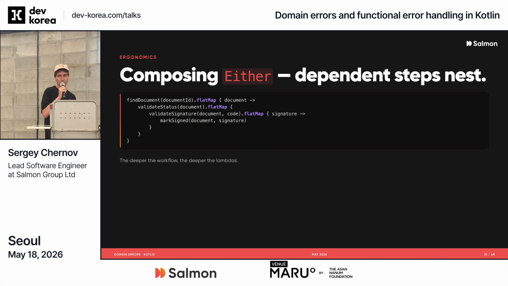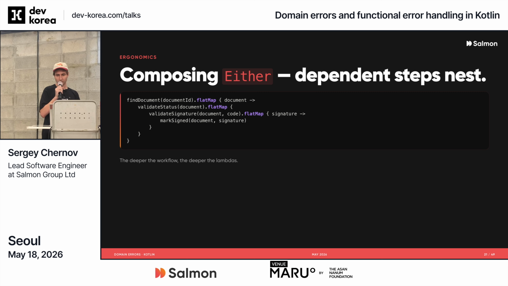So if we talk about Either, and we say that Either feels the same way as how you work with Optional, and if you try to compose the methods that return Either, you can see the code will look a bit ugly because of the nested brackets, and it doesn't compose well.